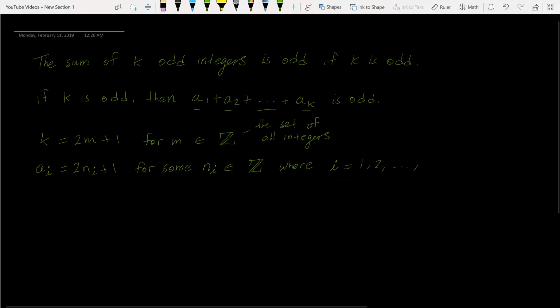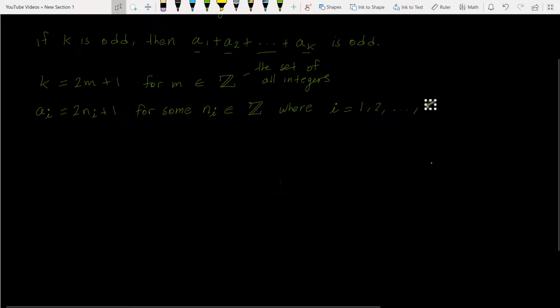Let's make the k a little better. Okay, so not only are we showing that we have an odd number of integers, but we're also showing that each term is odd.